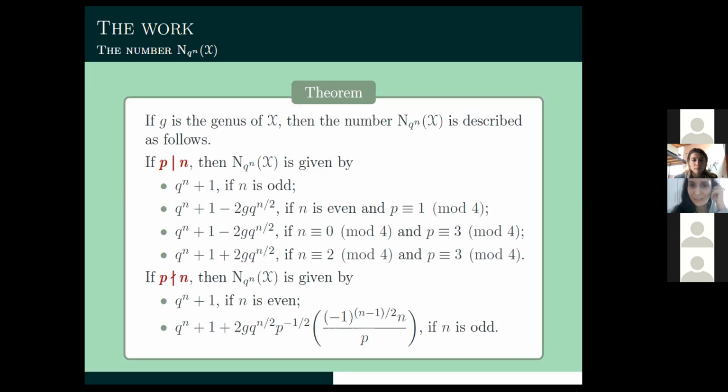To present one clearly, for instance, the generalized Suzuki curve is maximal if P is congruent to 3 mod 4, and in the case we consider the extension of degree 2p.